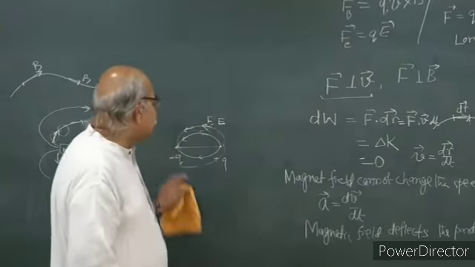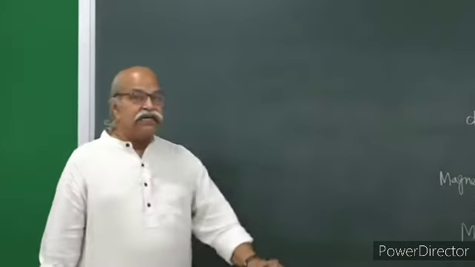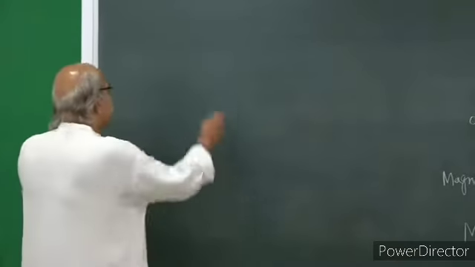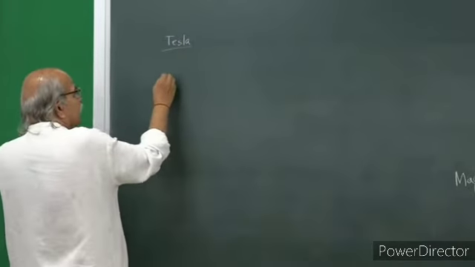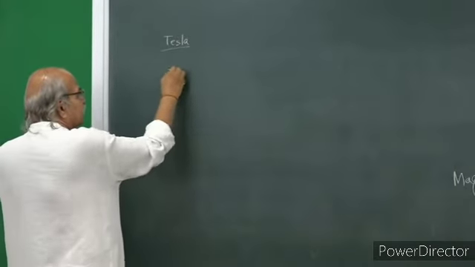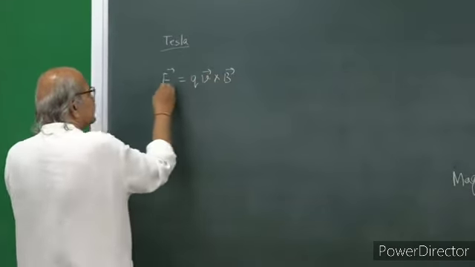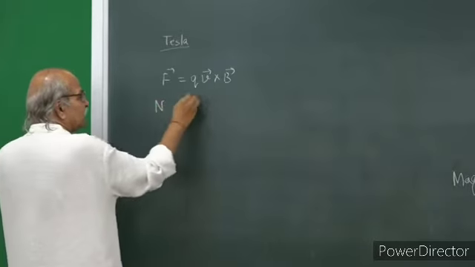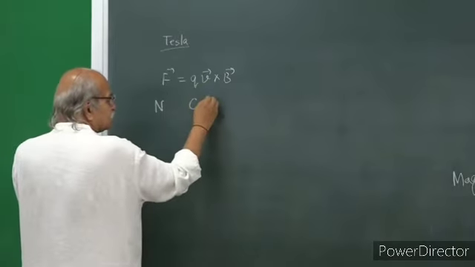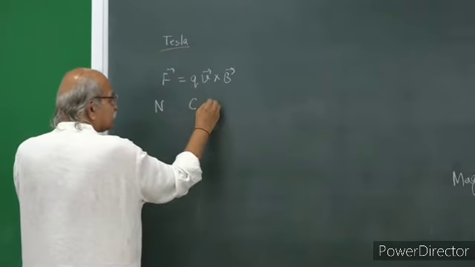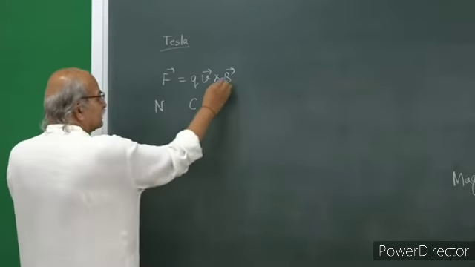Now, let me talk of units and then we will stop. The SI unit of magnetic field is called Tesla. If you start with F equals Q V cross B, then F is in Newton, Q is in Coulomb, velocity is distance by time, so it is meter by second.